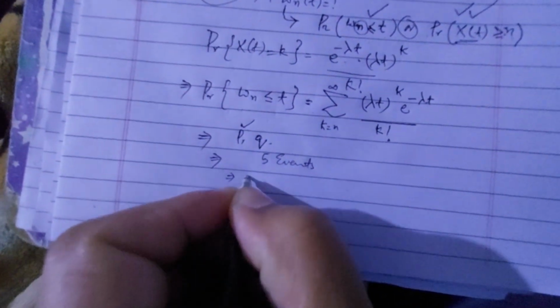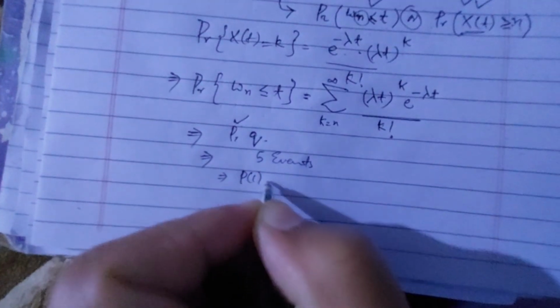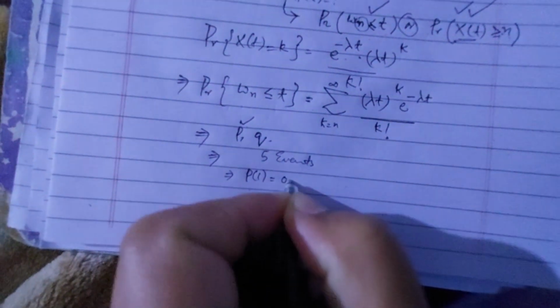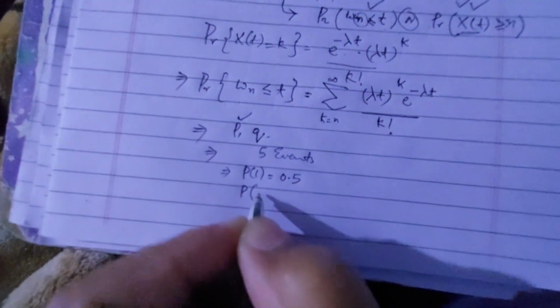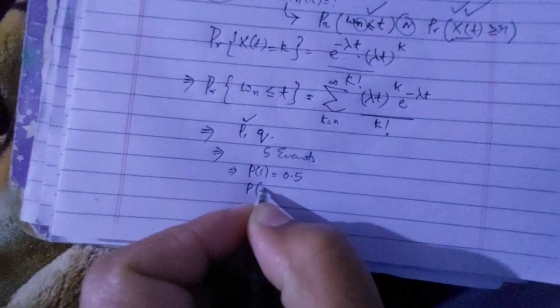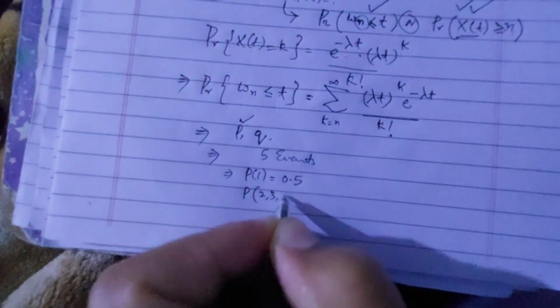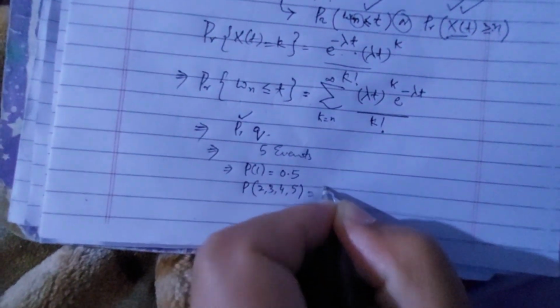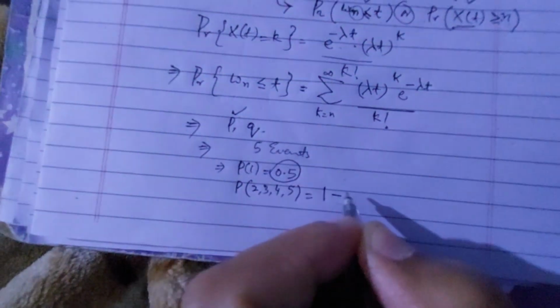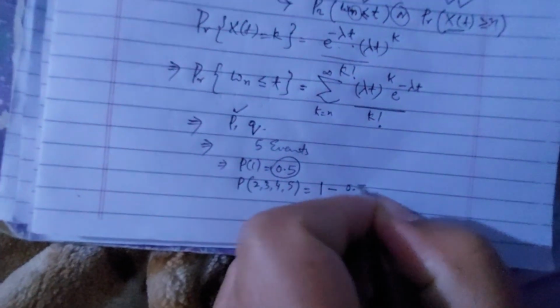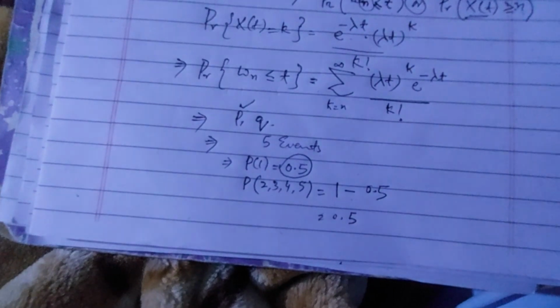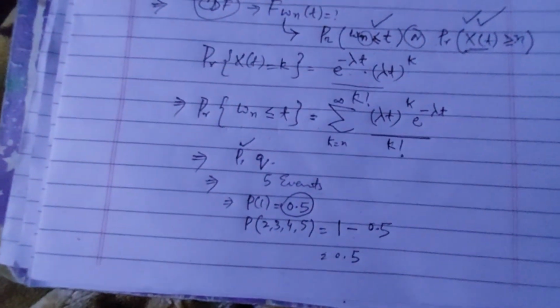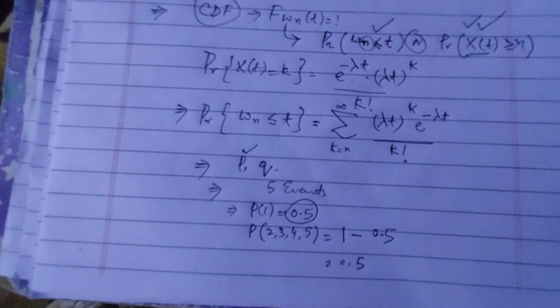We say that the probability of event 1 to occur is 0.5. Then the probability of all other 4 events, 2, 3, 4 and 5, is equal to 1 minus this, which is equal to 0.5. So we will use the same rule over here.